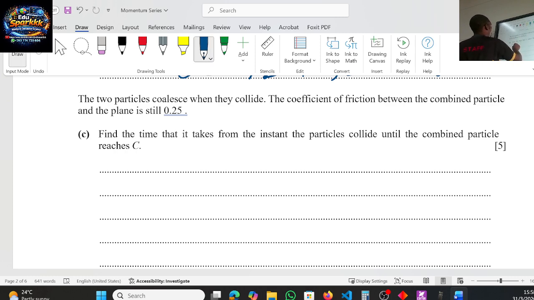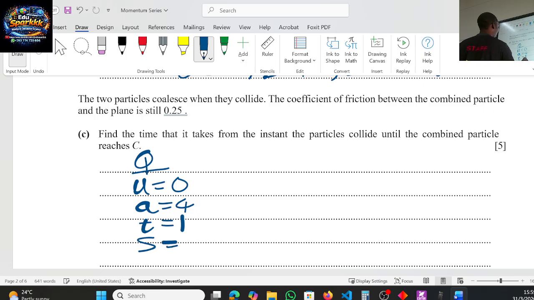So particle Q, what we know is initially u was 0, A was 4, and what else do we have? The time that it traveled, it was 1 second. So what's our interest? Our interest is to find S, or distance.